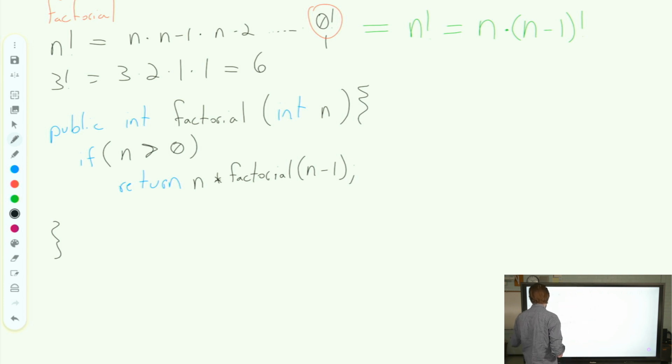Otherwise, return 1. Because if we have a negative number, well, we've got an issue anyway, so we'll return 1. And if it becomes 0, well, then we've reached 0, and we return 1, which will bring us back up the list. Let's do a quick trace of this.